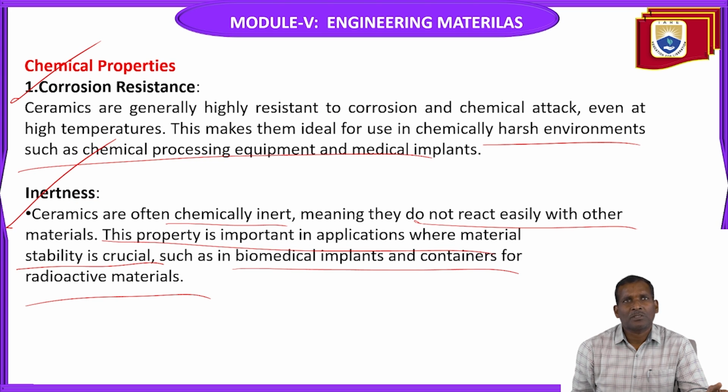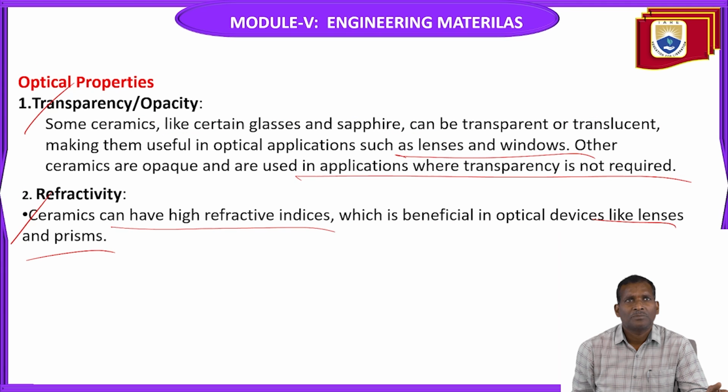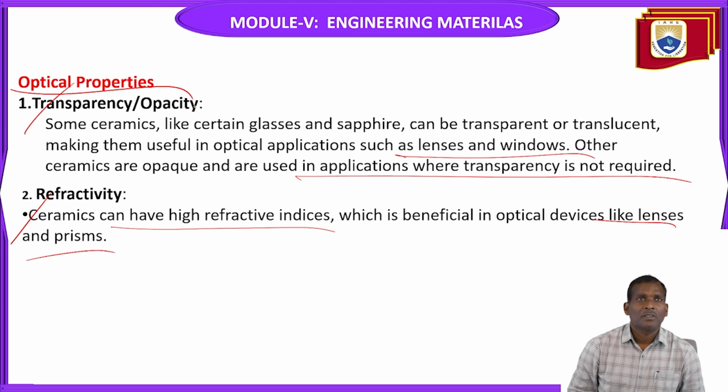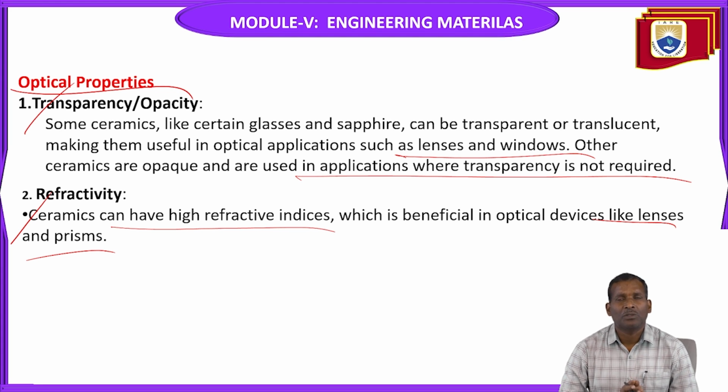In chemical properties: corrosion resistance, inertness. In physical properties: density and porosity. The optical properties of ceramics also we have seen: refractivity, transparency, and opacity. These are the important discussions related to engineering materials in part 2.